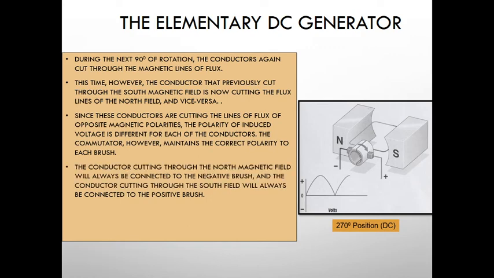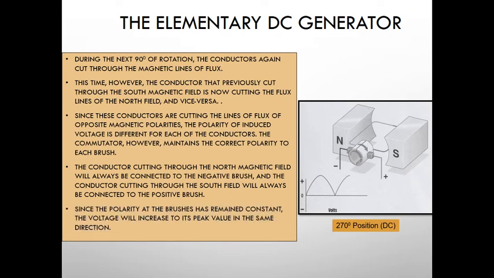The conductor cutting through the north magnetic field will always be connected to the negative brush. And the conductor cutting through the south field will always be connected to the positive brush. That is the job of the commutator. It maintains the polarity.